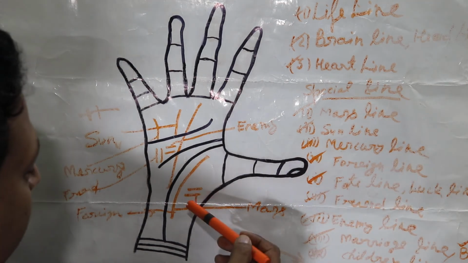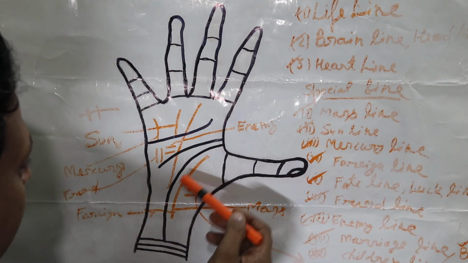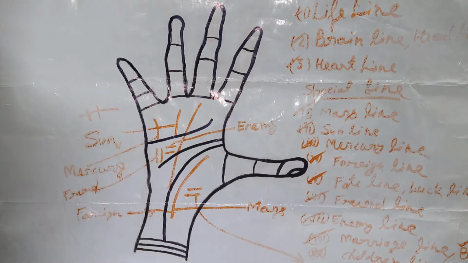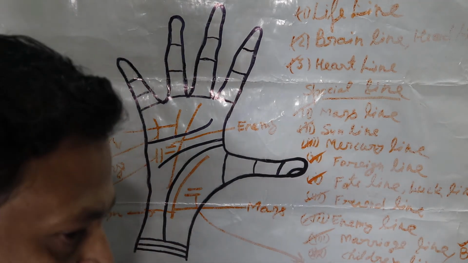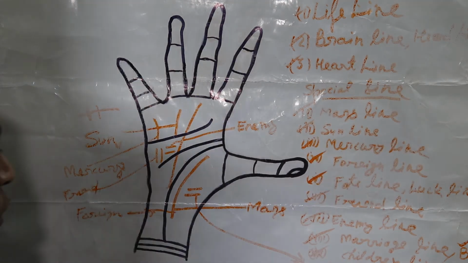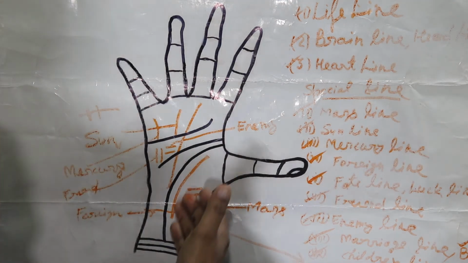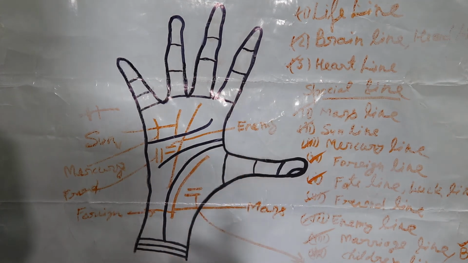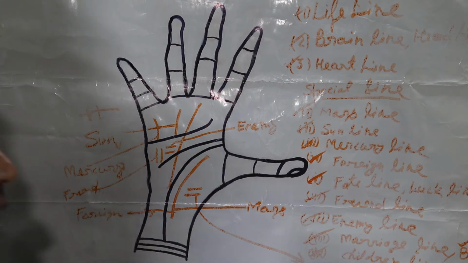Mars line indicates that if we have some good karma from a past life, then there is a God gift. This Mars line is a God gift, and some intuition power will be there, and he will be a very kind person.